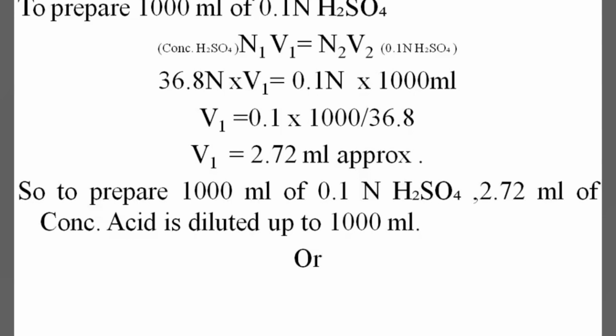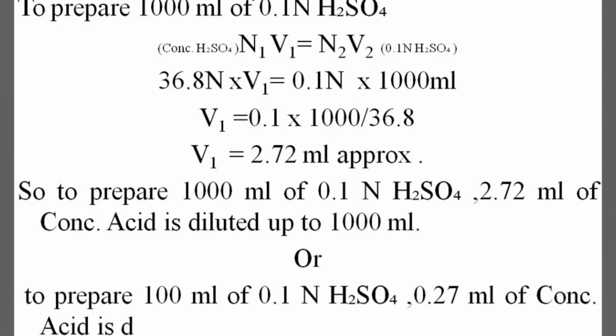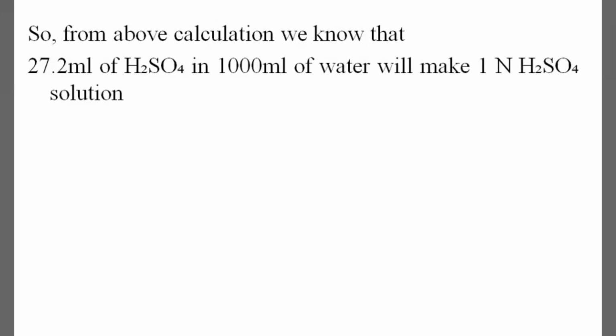Or let's see, to prepare 100 ml of 0.1 normal H2SO4, only 0.27 ml of concentrated acid will be required, diluted to 100 ml with water. So, from the above calculation, we know that 27.2 ml of H2SO4 in 1000 ml of water will make 1 normal H2SO4 solution.